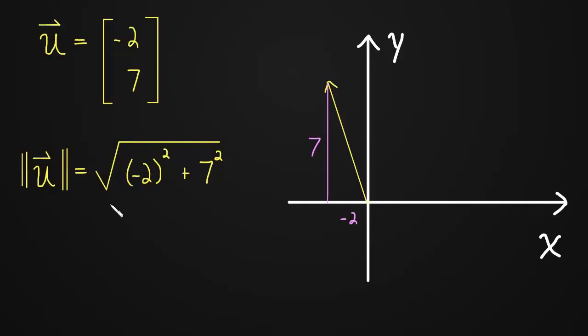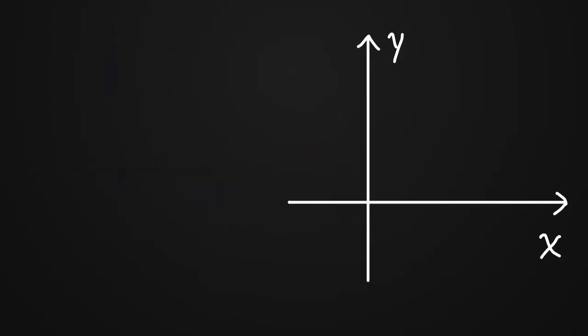Okay, let's do another example here. How about w is equal to 3, negative 2. Just making stuff up.